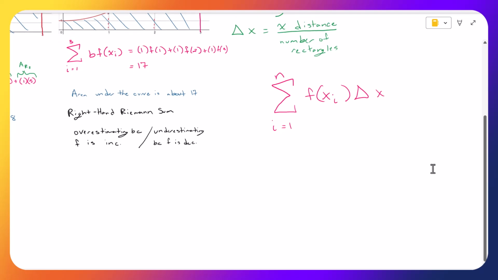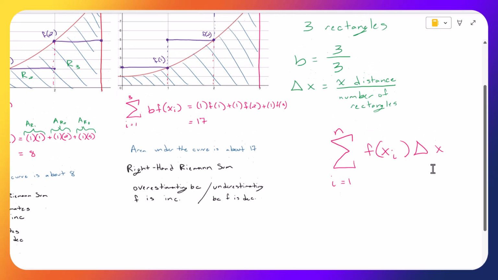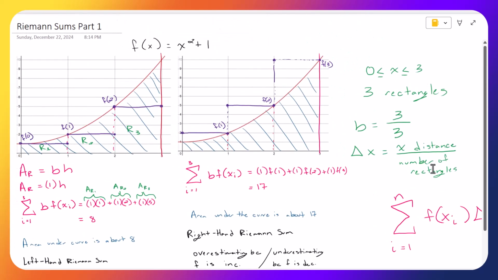So if we want a perfect approximation of our function, well, what are we going to be doing? Let's come over to our picture here. What are we going to be doing to our rectangles? I'm going to draw on this right one because I haven't drawn as much here. Well, let's say instead of 3 rectangles, I make it 6.